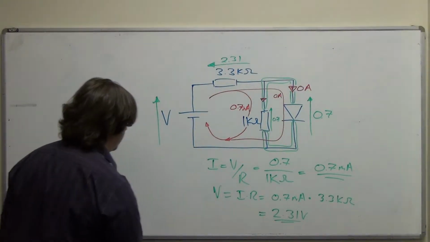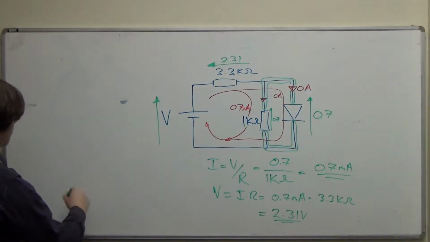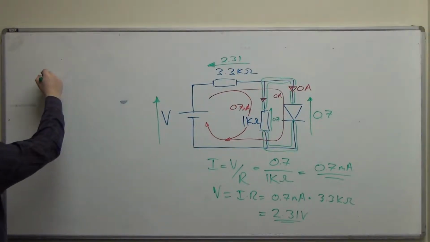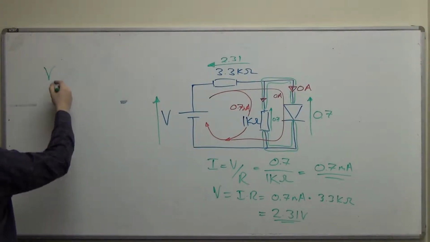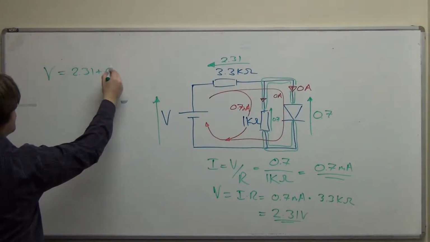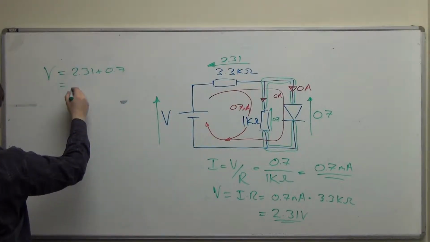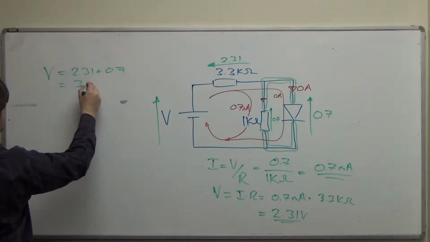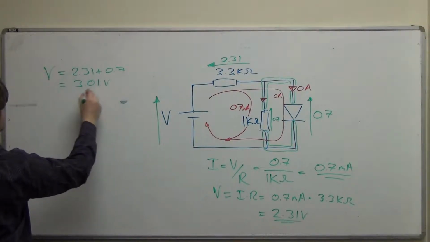So our mystery V is equal to 2.31 plus 0.7, which is 3.01 volts.